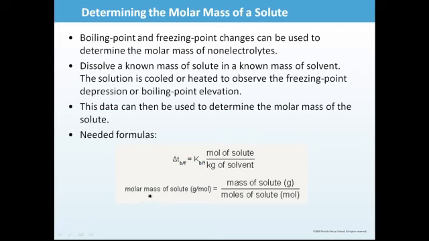The other thing we have to use is what we've been using throughout the course. Remember that the molar mass is the mass of solute divided by the moles of solute. We're going to use both formulas in solving this.